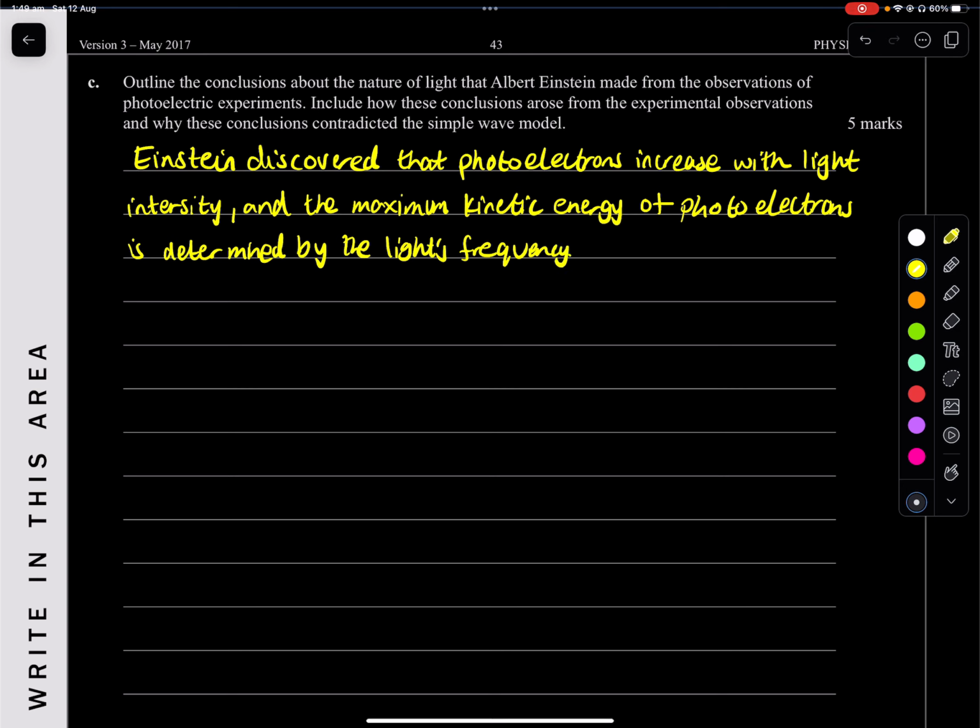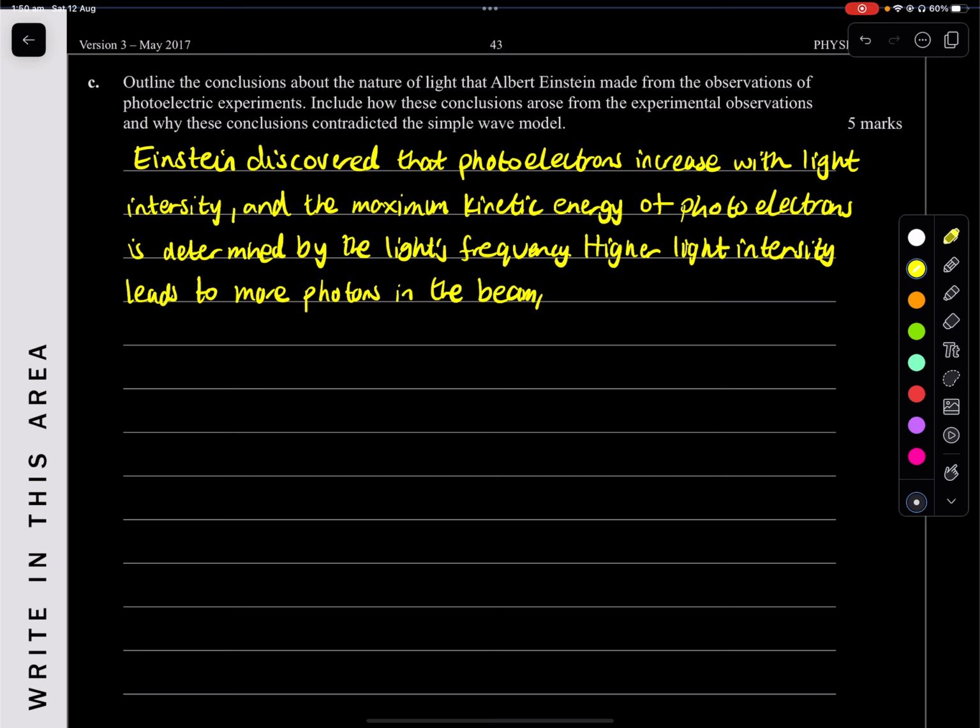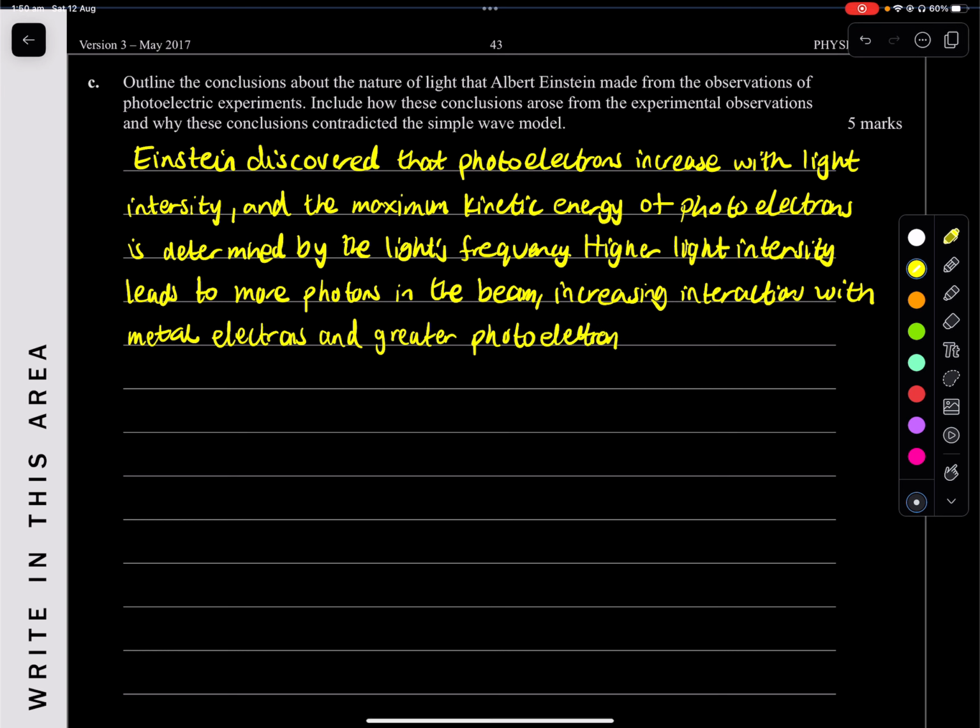Higher light intensity leads to more photons in the beam, increasing interactions with metal electrons and greater photoelectron production.